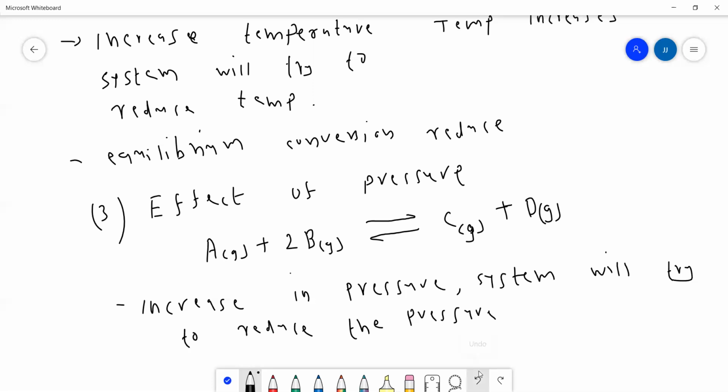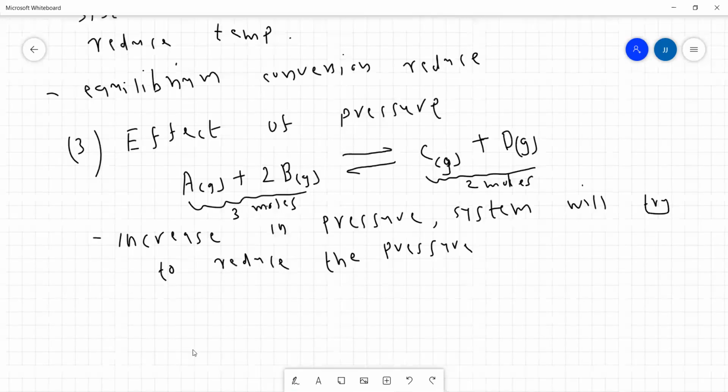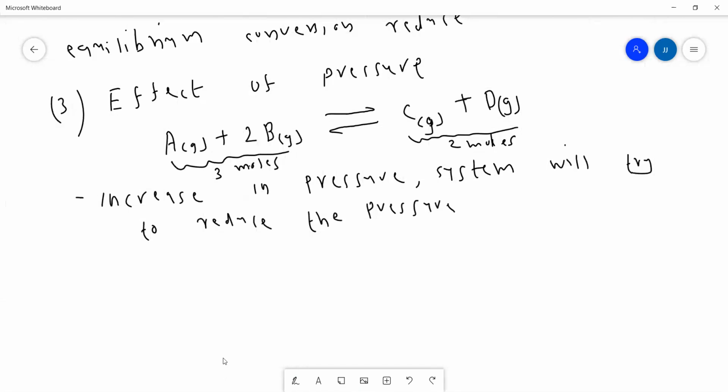Now we know that in the reactant we have three moles, while the product has two moles.